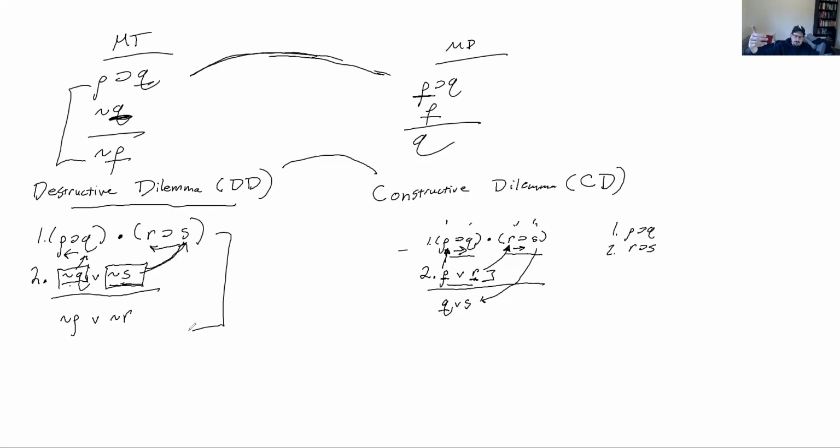So maybe one way of talking about this is that destructive dilemma is like the saffron of your kitchen. You don't need it. There are other ways to replicate that flavor. I mean, there's no way to replicate saffron, but in logic, that's where the analogy breaks down. There are other ways to imitate destructive dilemma within logic.